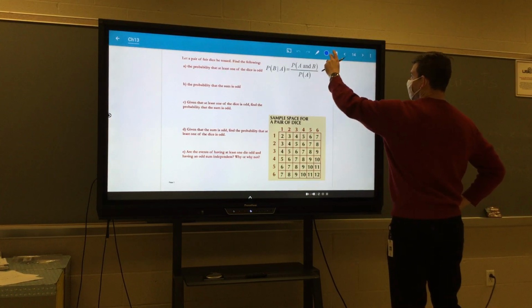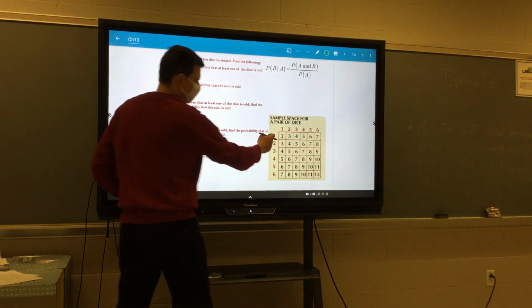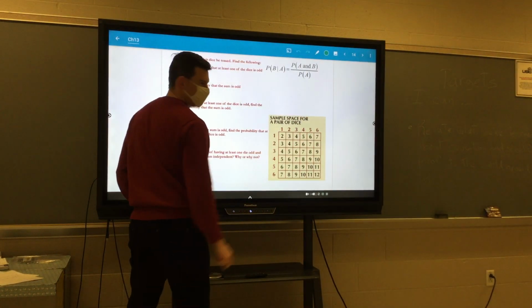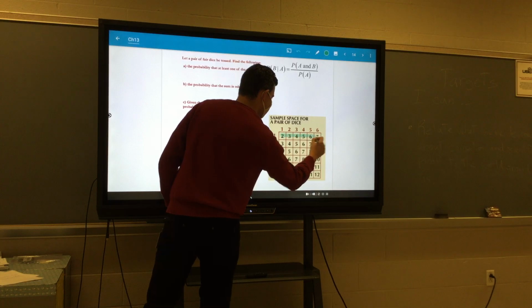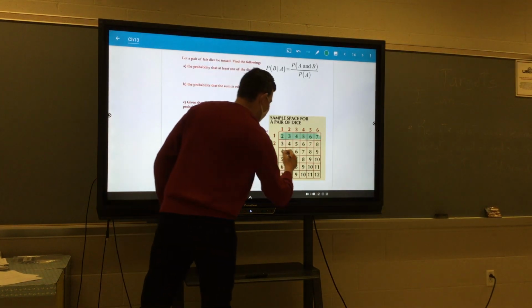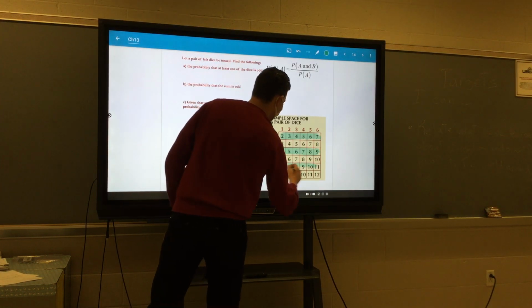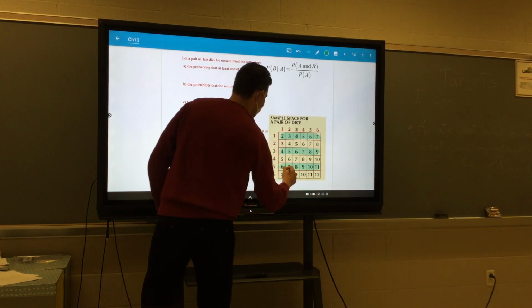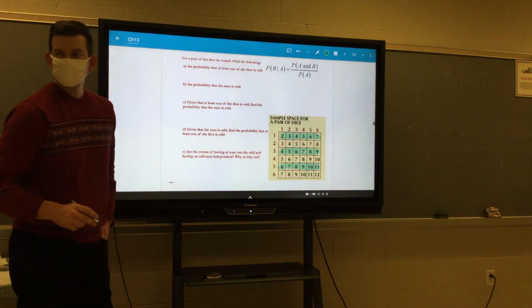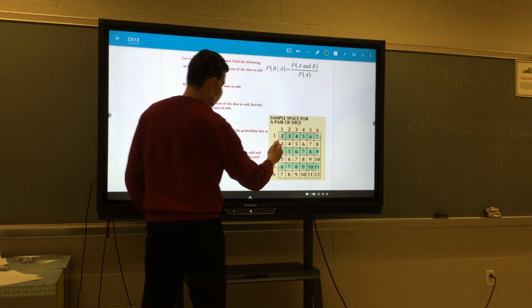Okay, so that would mean our first die is odd, which is this entire row right here. Or our first die is a 3, or our first die is a 5. Or that means our second die is a 1, 3, or a 5.